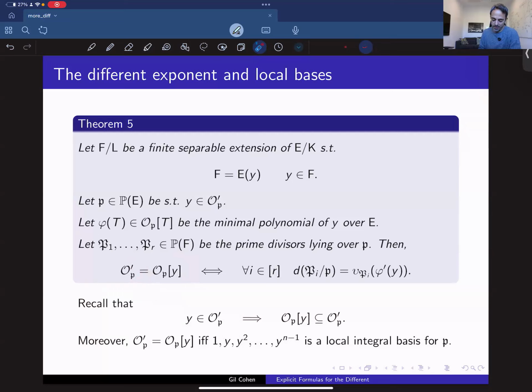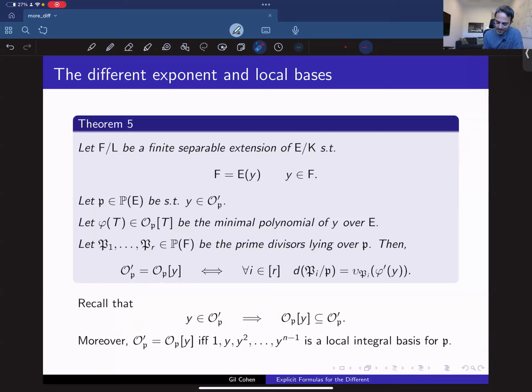But when 1, y, y squared, up to y to the n minus 1 is a local integral basis, then by definition it means that every element here can be spanned by these things with coefficients in OP, which is precisely this ring. So this is a shorthand, a more compressed notation, for saying that 1, y, y squared, and so forth is an integral basis of OP.